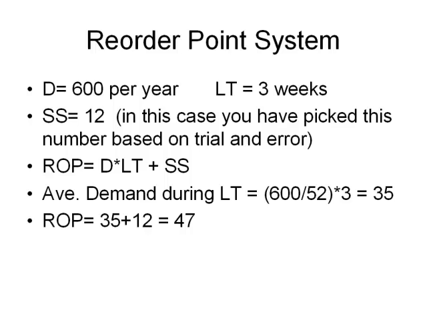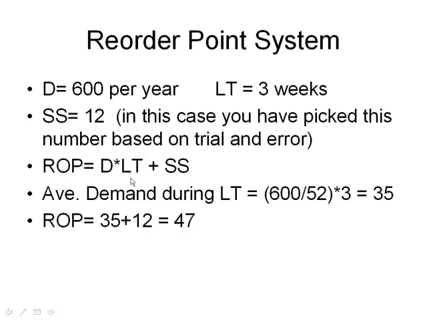So here's another example just to make sure that we understand that. Let's say that demand is 600 per year. Our lead time is 3 weeks, and we know just from experience that our safety stock should be about 12. So the reorder point is the demand during lead time, or the demand times the lead time.